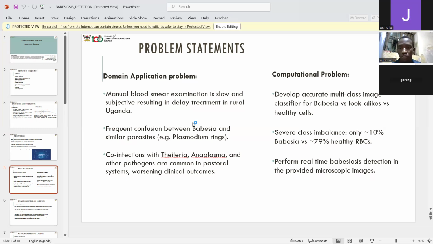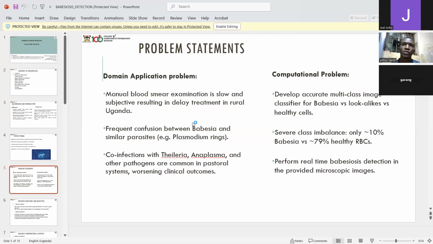Then the computational problems. We should develop an accurate multi-class image classifier for babesiosis, comparing it with other lookalikes, for example, the plasmodium ring, the plasmodium protozoa, which will help us distinguish whether it is babesiosis or malaria.